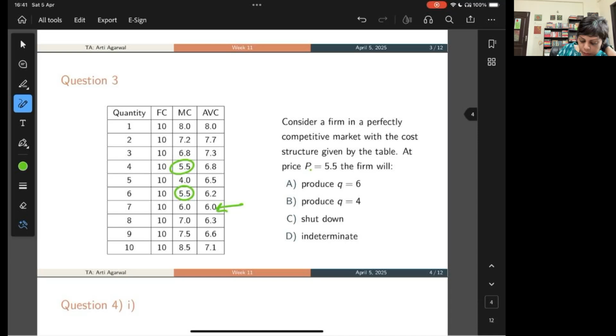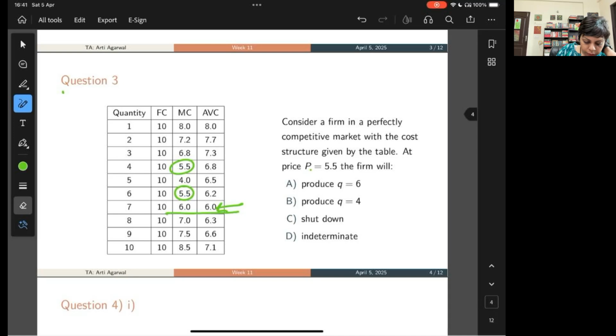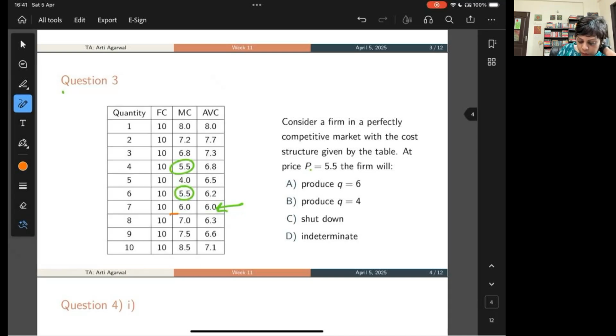Maybe in this part, let's go after this point. After this point, average variable cost is lower than marginal cost.